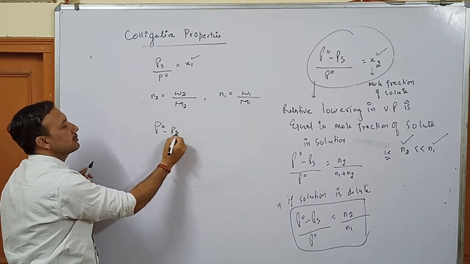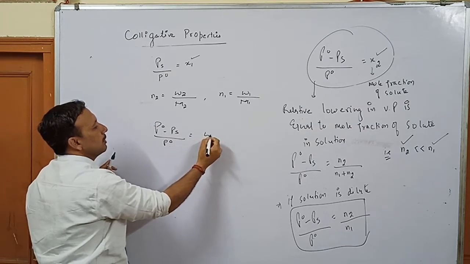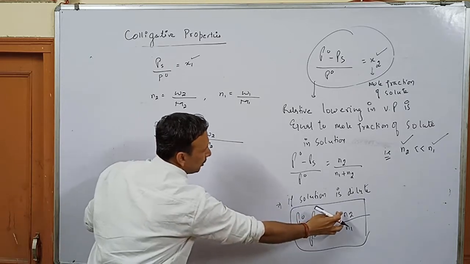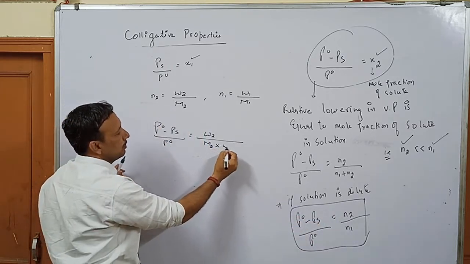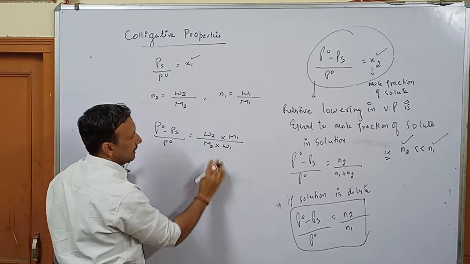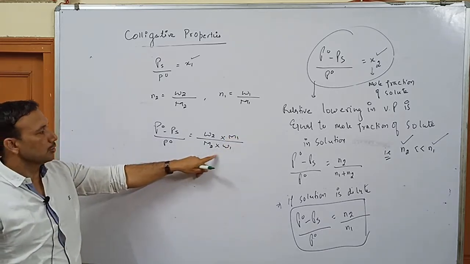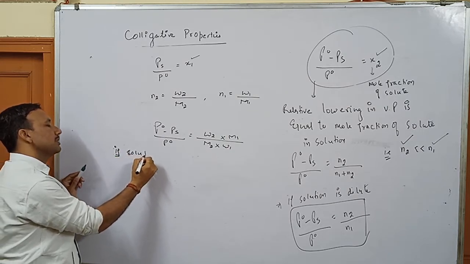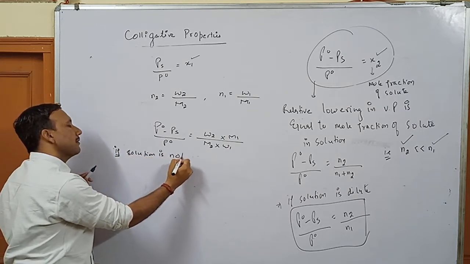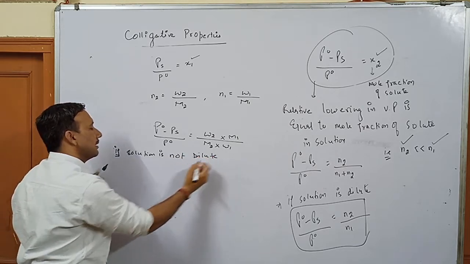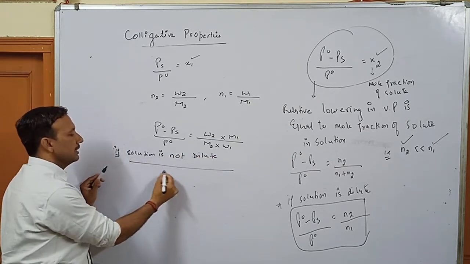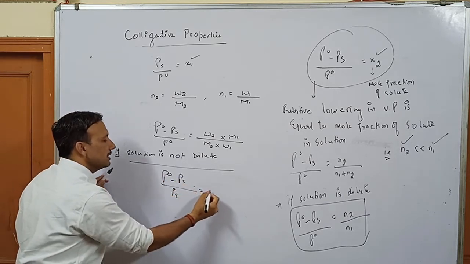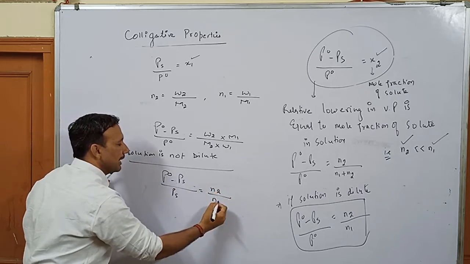So (P0 − Ps)/P0 is equal to (W2/M2) × (W1/M1), that is the number of moles of solute into the number of moles of solvent. If the solution is not dilute, that is, the solution is concentrated, then use the formula (P0 − Ps)/Ps is equal to N2 over N1.